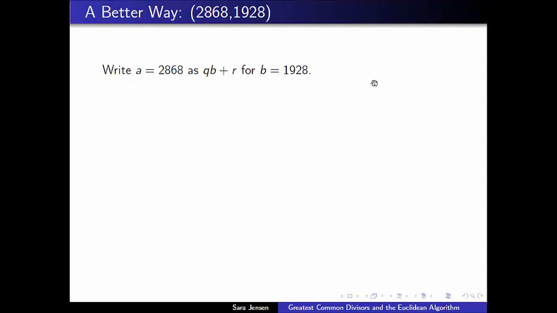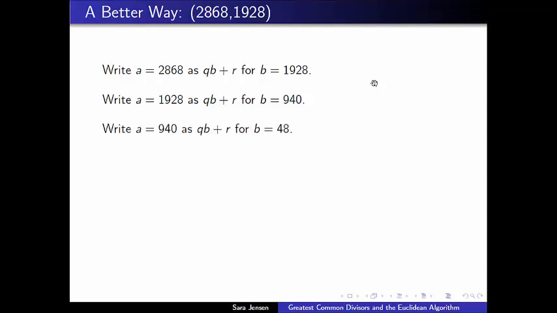So let's keep going. Let's just use the quotient remainder theorem again with an A value of 1,928 and a B value of 940. Again, really straightforward computation. You'll find the Q in this case is 2 and the R in this case is 48. And let's repeat again, this time with an A value of 940 and a B value of 48.